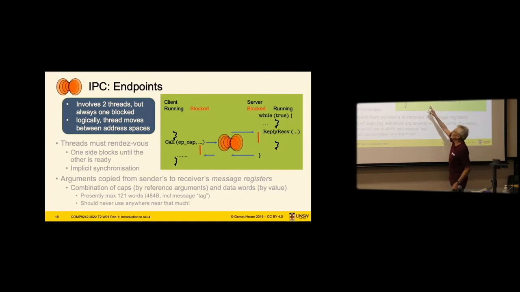You can think of it as the client running and then executing a function call in the server's context and returning. So if you like, this is completely synchronous control flow where the server really doesn't have its own activity. It just continues operating, executing the server thread. This is enabled by the scheduling context, which I will get to later.